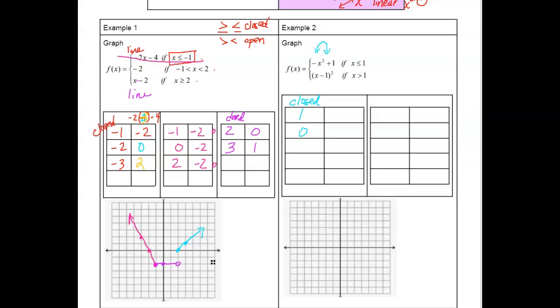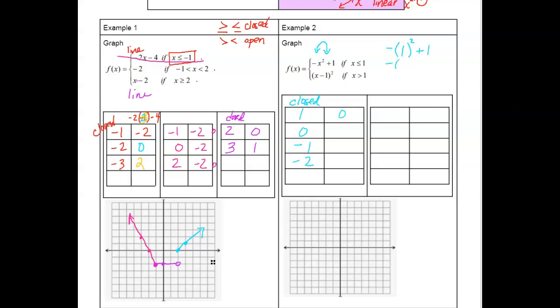So I like to pick like 4 points: 0, -1, and -2. And we're just going to substitute those in. When you type this into a calculator, please make sure that you put a parenthesis around the number that you're plugging in and that the negative is outside. So negative quantity 1 squared plus 1 is actually equal to 0.